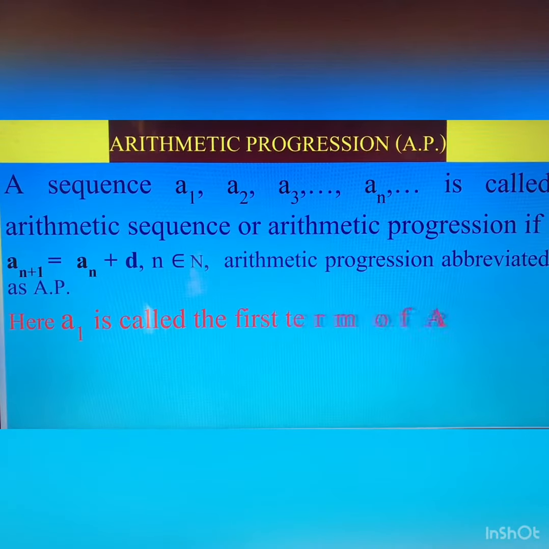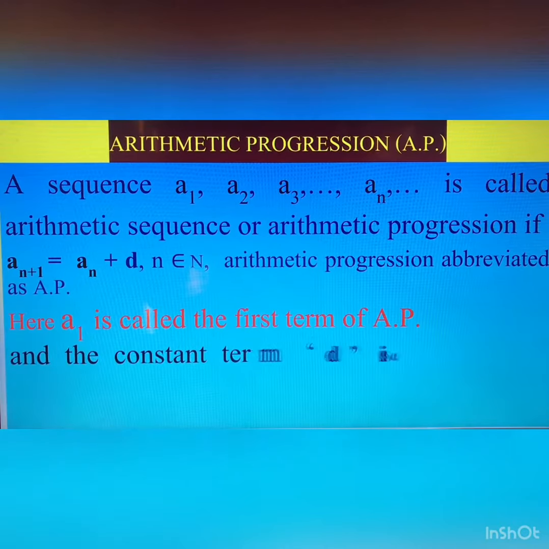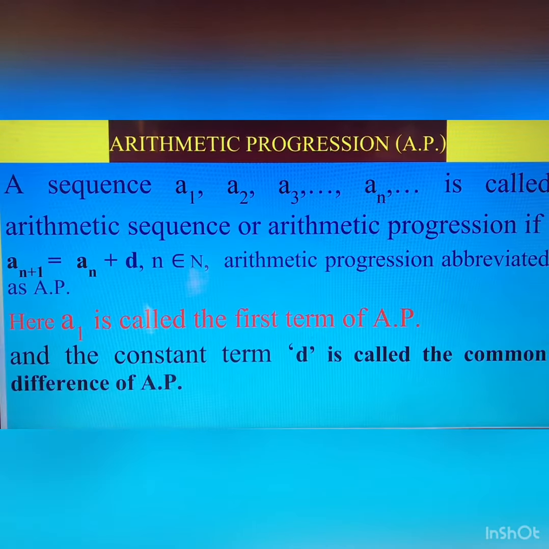Here a1 is called the first term of the AP and the constant term d is called the common difference of the AP. The formula for the common difference is any term of the AP minus just the previous term of the AP.